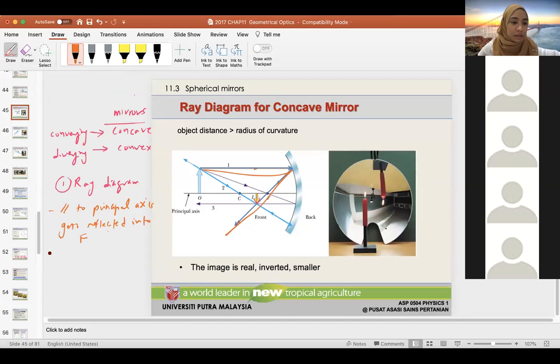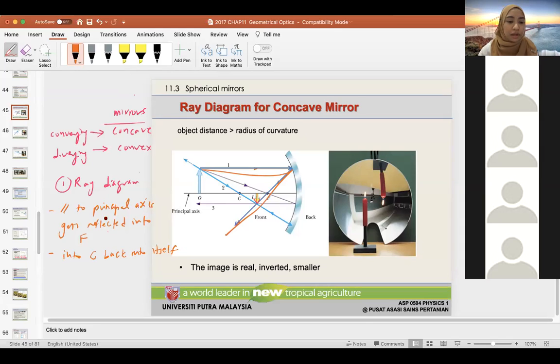And then your second one is into the radius of curvature, into C, back onto itself. And again, if your lines do not meet, extrapolate the line until it intersects.